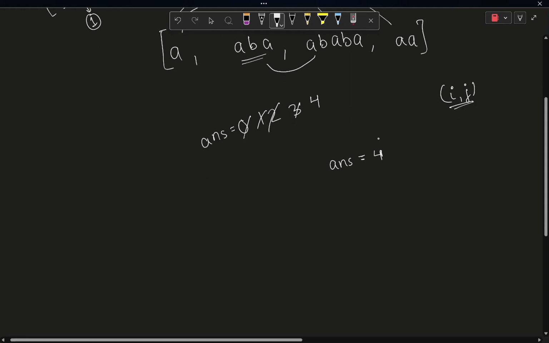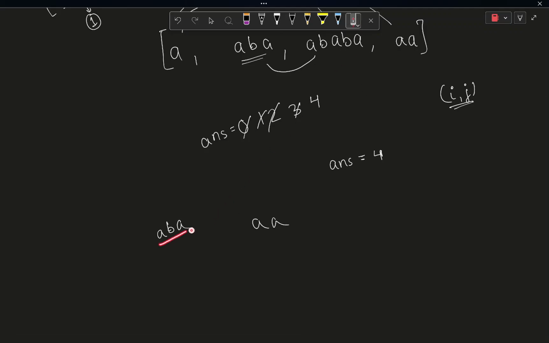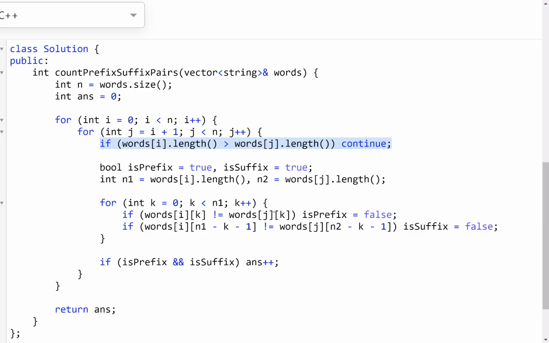This is quite obvious. If I'm having a string like aba and the other string is a, I don't even have to try to find if this can come up as a prefix in this or not. I just know that if its length is greater than the length of the other string, then it will never be there as a prefix or suffix. So I can just continue for this pair. I will just skip checking for this pair.